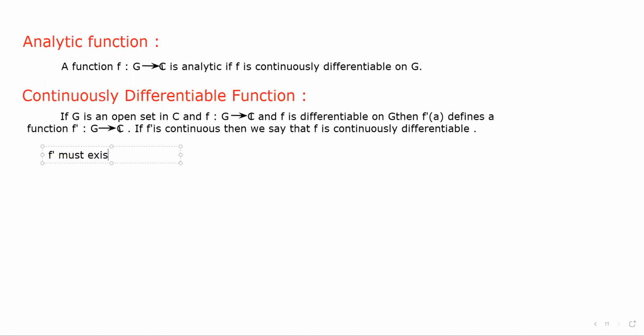And the second one is that f dash must be continuous on G. Then we can say that f is a continuously differentiable function on G. And what is an analytic function?